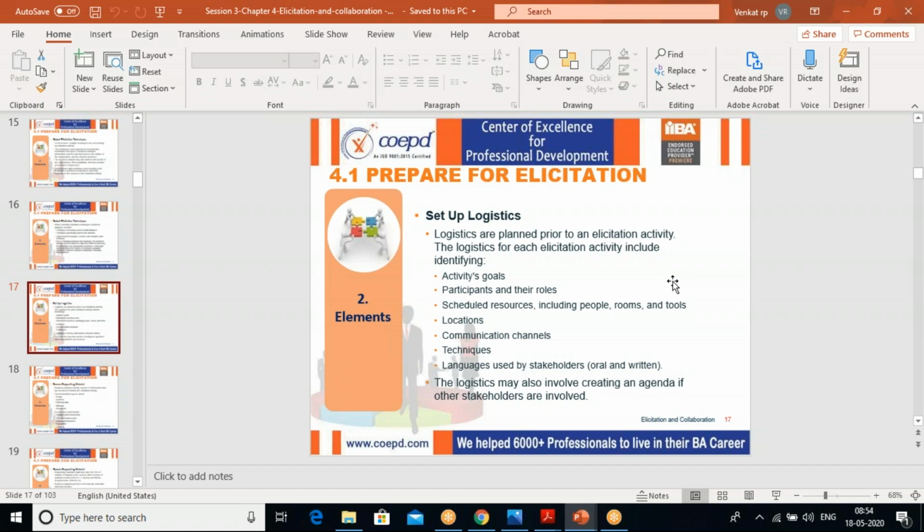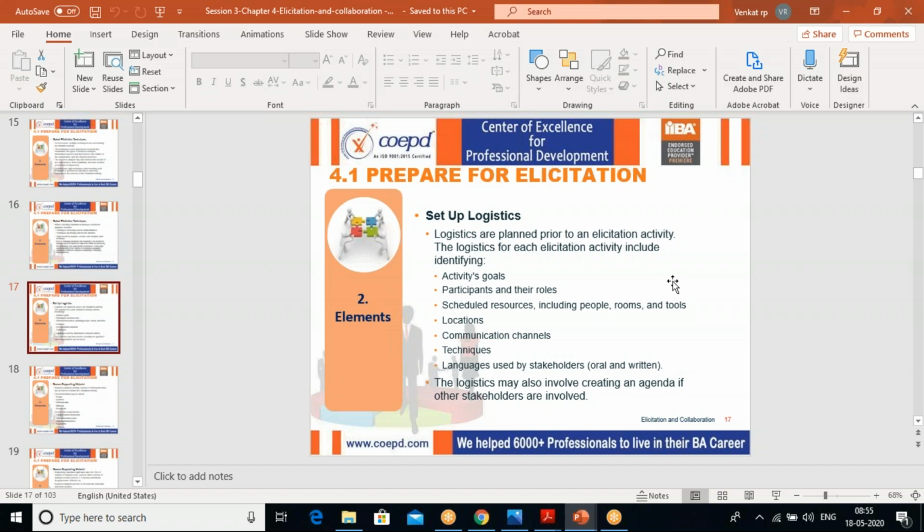Now communication channels means, number one, it is a conference call or video call, or we can consider a tool, or we can go with some meeting links, and sometimes it can be email communication. Likewise, these are the communication channels which you can establish. Before we start, we have to consider all these parameters and plan for this logistics part.